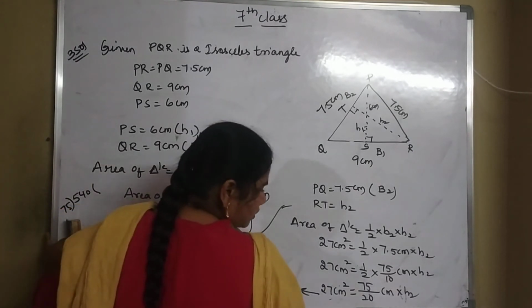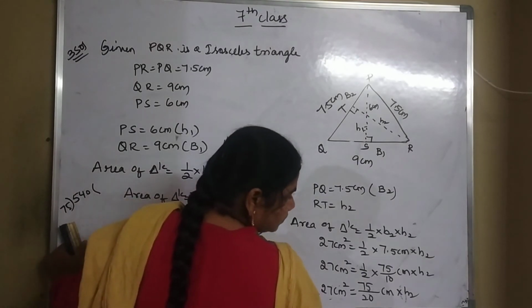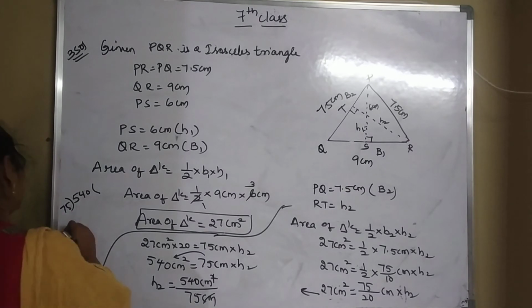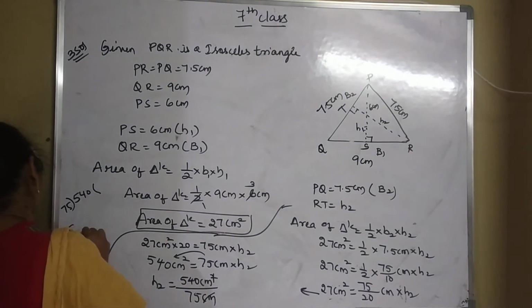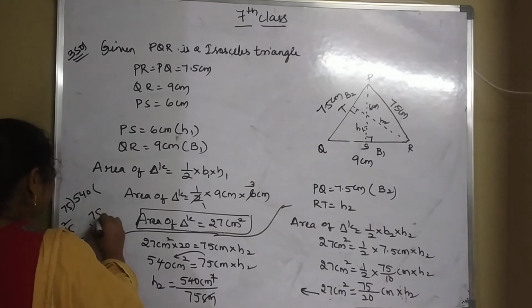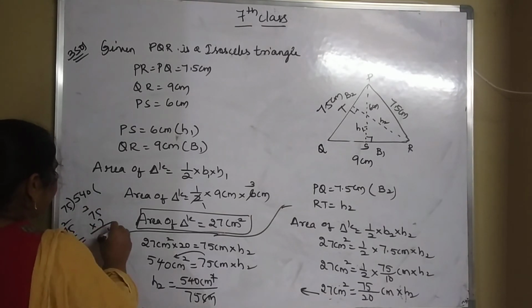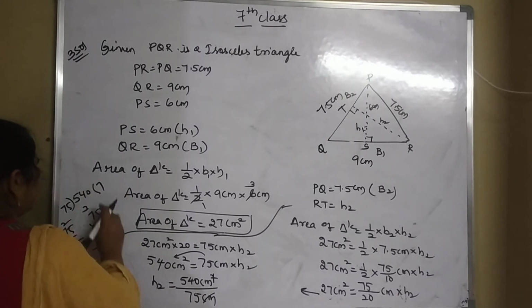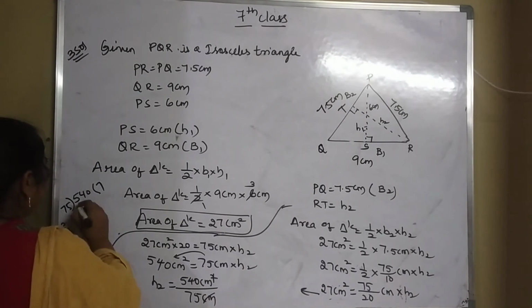So if you take this 75, how many times you can take? 5 times you try. 7 5s are 35. So you can take this as 75 7s are 525.